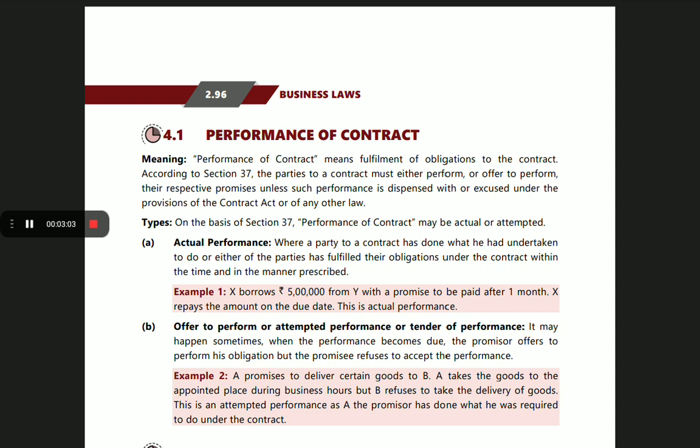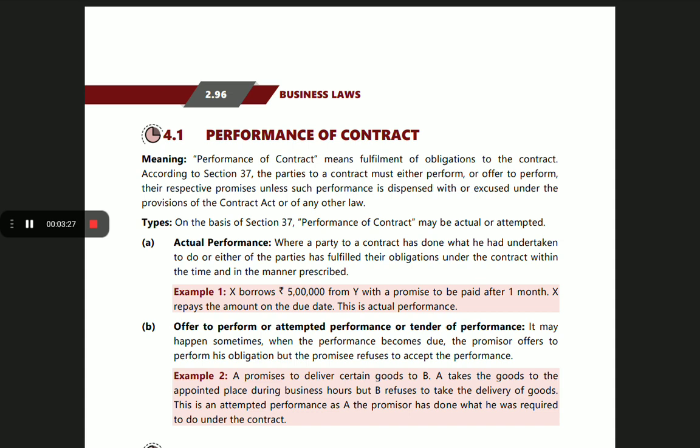Example: X borrows 5 lakh rupees from Y with a promise to be paid after 1 month. X repays the amount on the due date. This is actual performance.